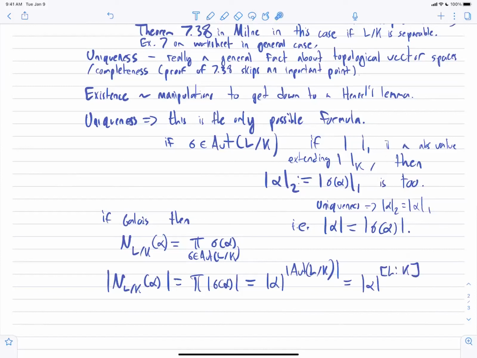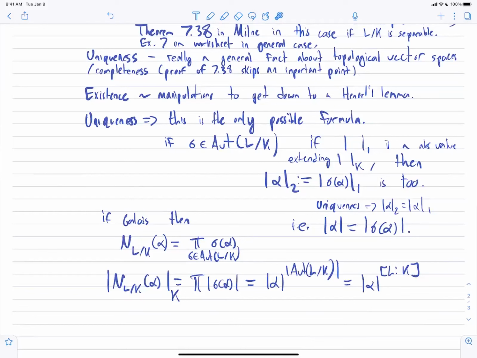And the norm is something in K, so this is just the absolute value in K. Taking the root, the absolute value of alpha has to be the absolute value of the norm to the 1 over the degree. This is in the Galois case, but in the general separable case, you can argue similarly to say this is the only possible formula.